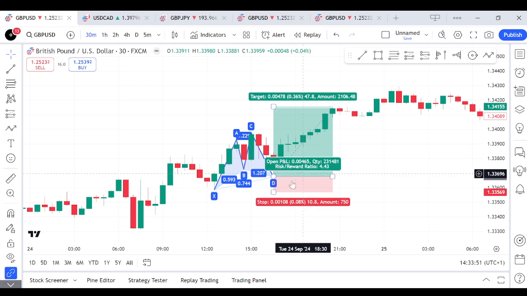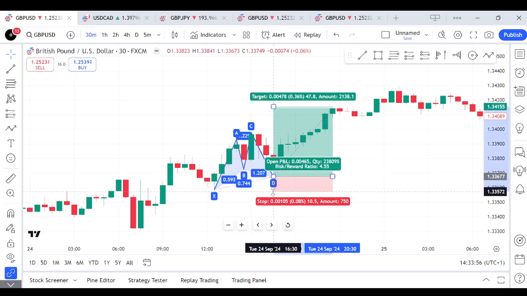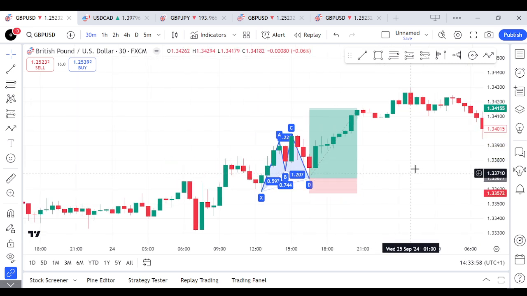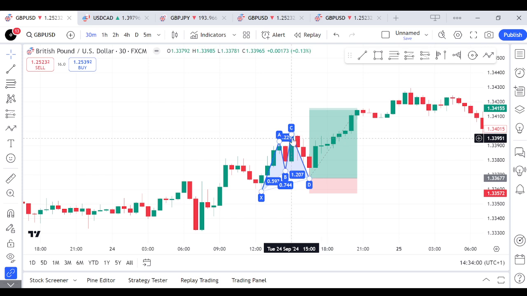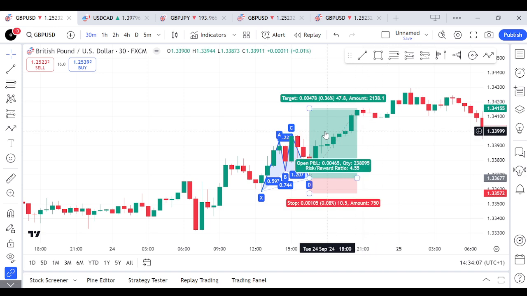The ideal entry point is from point D, your stop loss just below point X, and you could aim for point C, or you could aim for a Fibonacci extension at 141.4%. Sorry. So this is for the bullish.